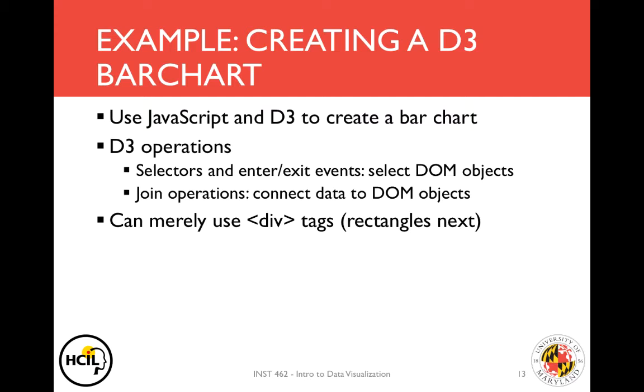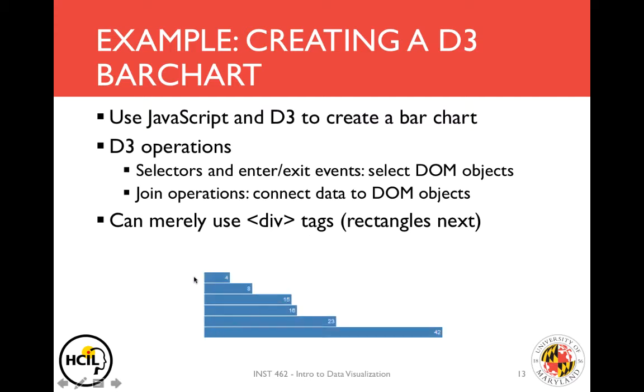You could do this just with div tags, which are essentially rectangle sections of your document, or you can do it with SVG. If you make one, it looks sort of like this. So nice HTML, pretty looking graphics, natively part of the page. So it's not images, they load much faster, and they can be changed depending on how your data changes.